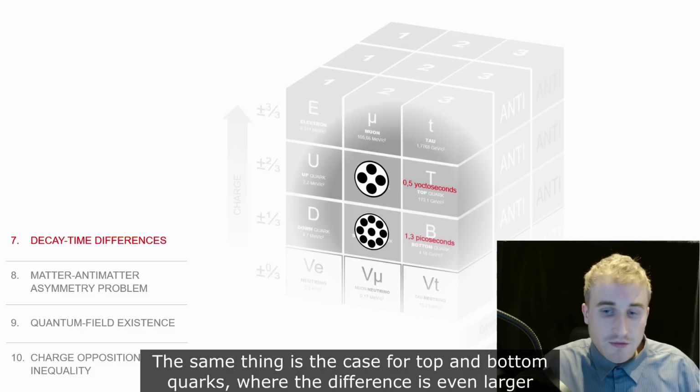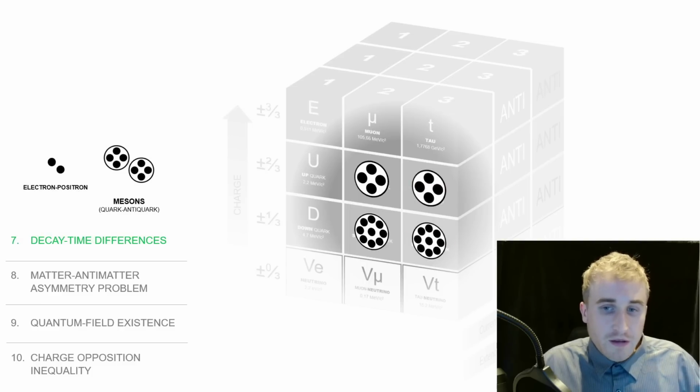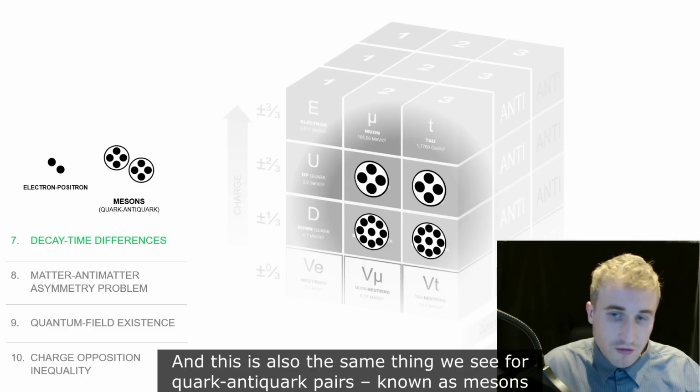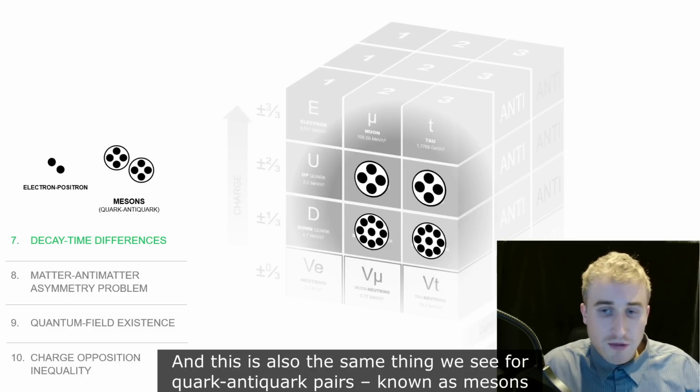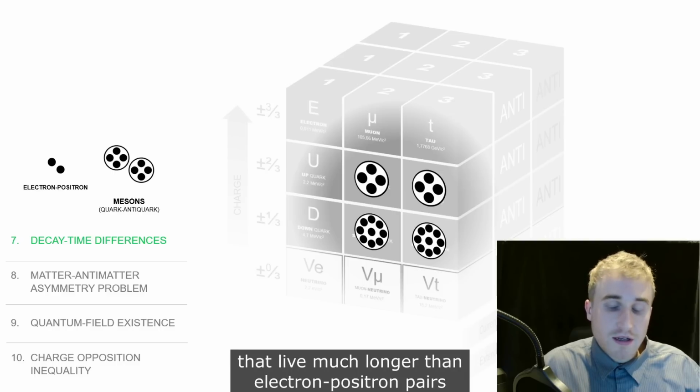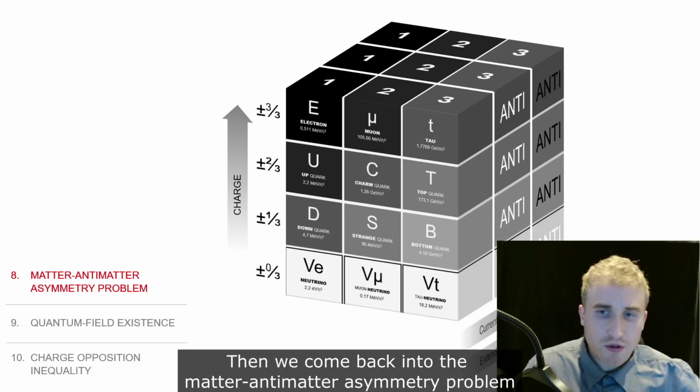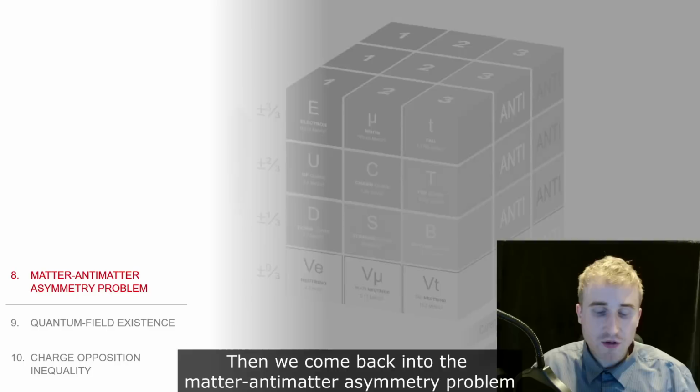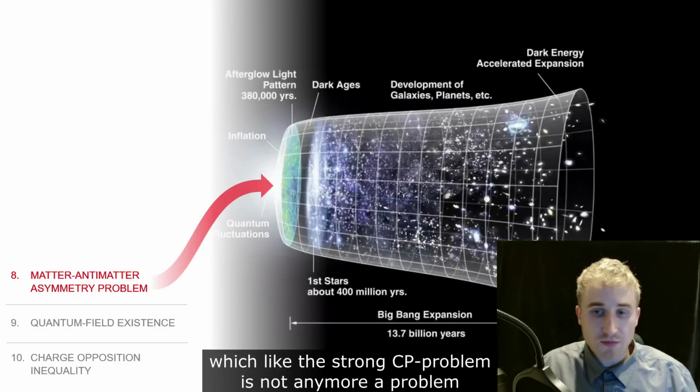The same thing is the case for top and bottom quarks, where the difference is even larger. And this is also the same thing we see for quark-antiquark pairs, known as mesons, that live much longer than electron-positron pairs.